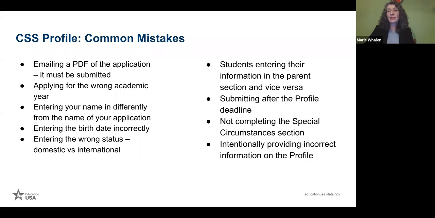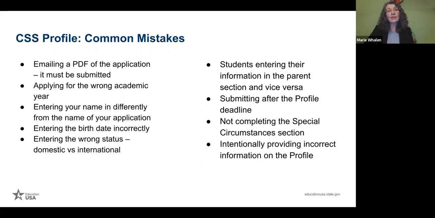A really common problem that occurs is when students use different permutations of their names for different applications. So they may use, I'm just going to throw a very American name in there, John Smith Park on their application for admission, but then they use just John Park in their CSS profile, or John Smith.